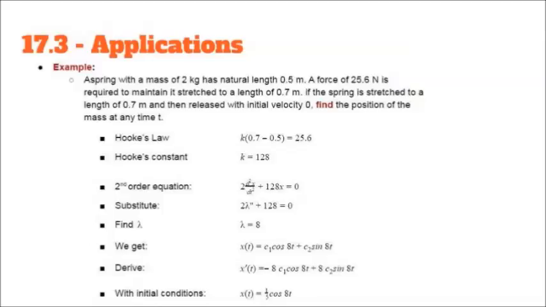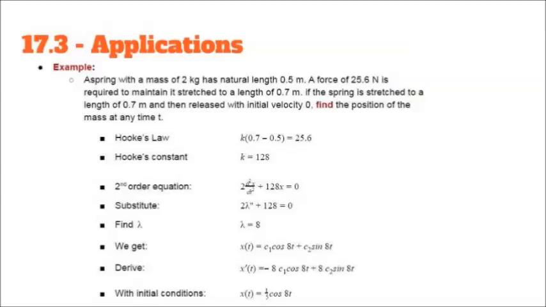Then we take the second order equation, which is 0.2 times the second derivative d squared x over dt squared plus 128x is equal to 0. Then we substitute 0.2 lambda squared plus 128 is equal to 0.